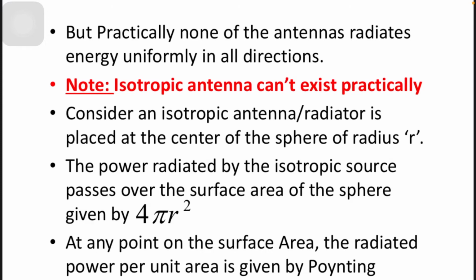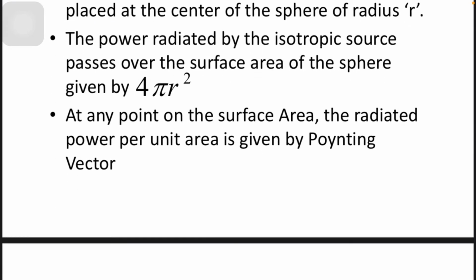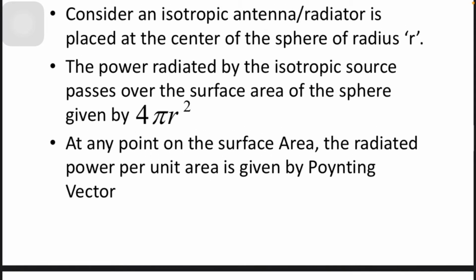Consider an isotropic antenna or radiator placed at the center of a sphere of radius r. The power radiated by the isotropic source passes over the surface area of the sphere given by 4 pi r square. At any point on the surface area, the radiated power per unit area is given by the Poynting vector.